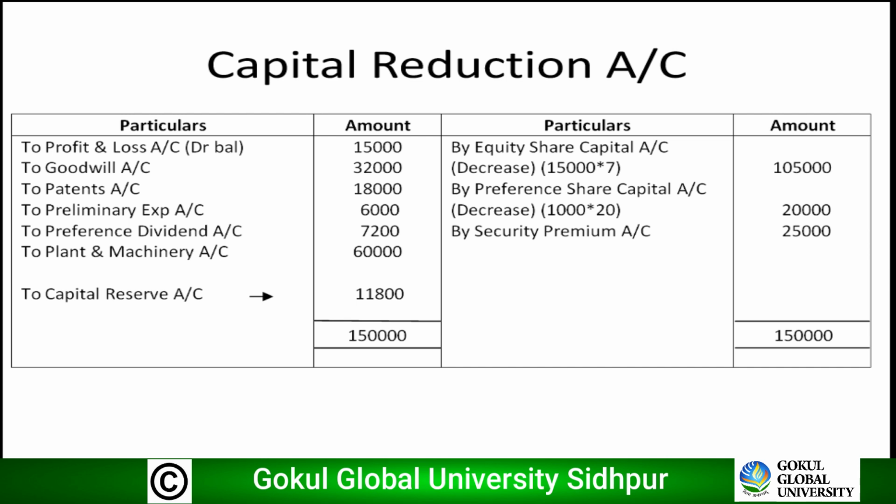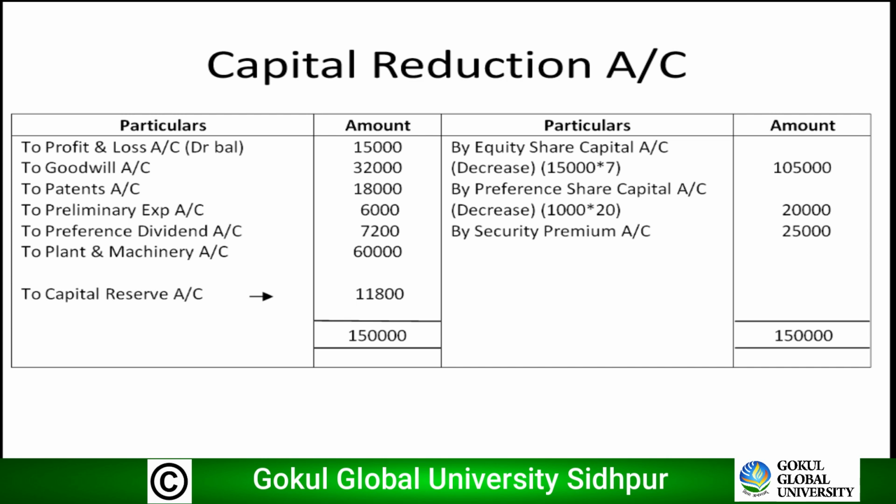Next, by security premium account 25,000. If information is given, or if not told to utilize reserves, we must compulsorily credit all reserves, or we must utilize all reserves on the credit side of the capital reduction.